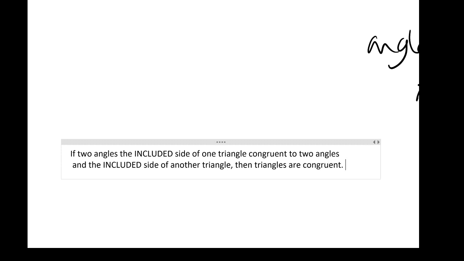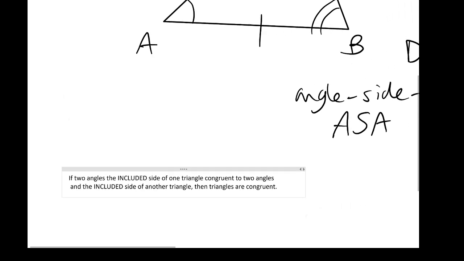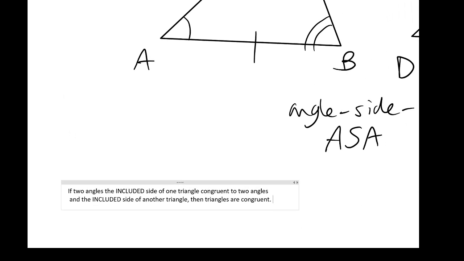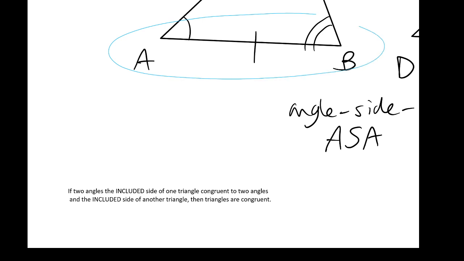And that's what ASA is. So now it's not that our angle is sandwiched in between two sides. What you are seeing illustrated here is that our side is sandwiched in between two angles, and that's sufficient proof.